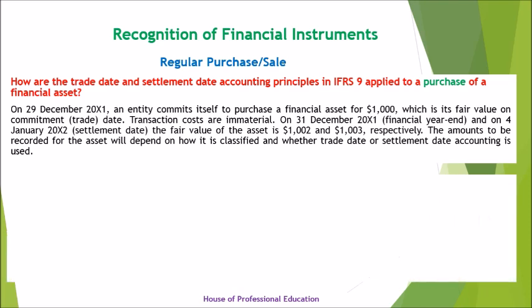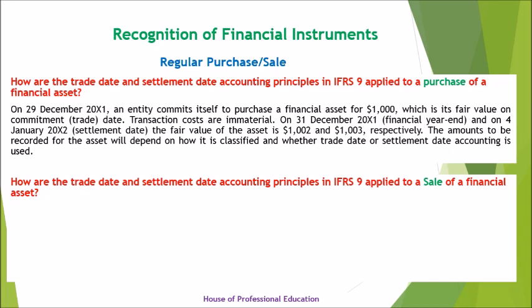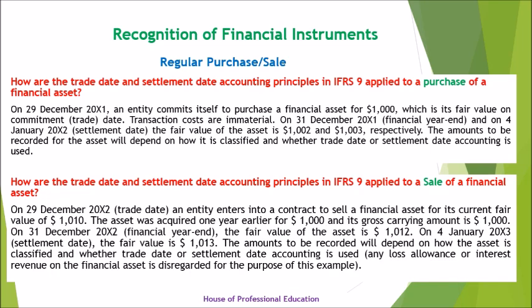Now consider the other example. How are the trade date or settlement date accounting principles in IFRS 9 applied to a sale of a financial asset? On 31st December 20x2, TD, an entity enters into a contract to sell a financial asset for its current fair value of 1010. The asset was acquired 1 year earlier for 1000, and its gross carrying amount is also 1000 on 31st December 20x2.